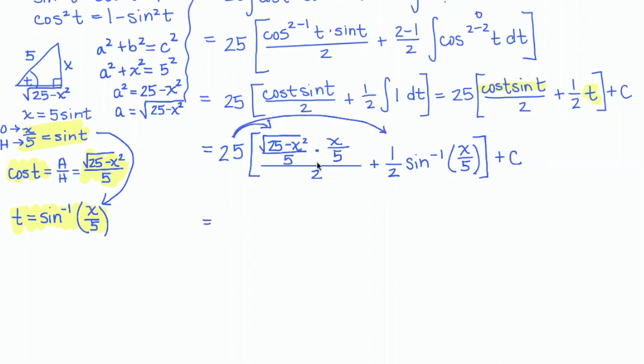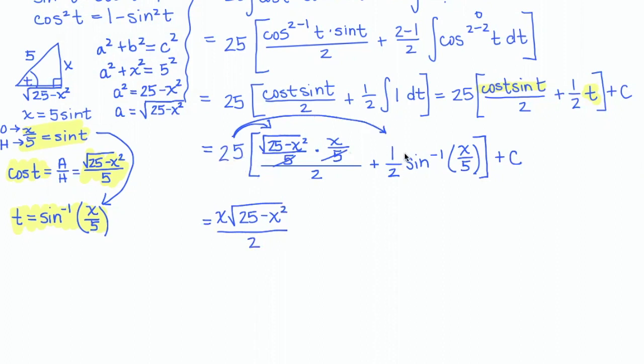And something nice happens here in the first term because I've got a 5 times a 5 in the bottom of the numerator, which can cancel with this 25 here. 5 times 5 is 25, so I can cancel this 25 with the 25 in front, leaving me with just 25 minus x squared times x, I'll put that x in front, over 2. Now, I crossed out that 25 because I canceled it, but of course I do need to distribute that 25 also to the second part.